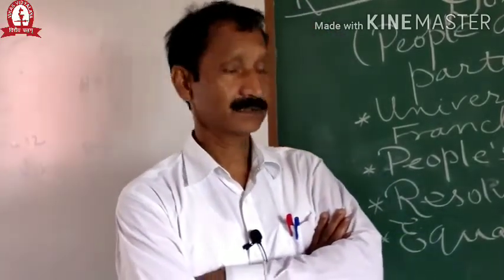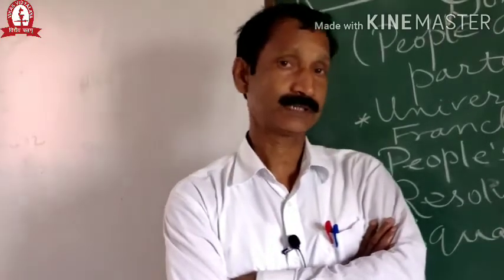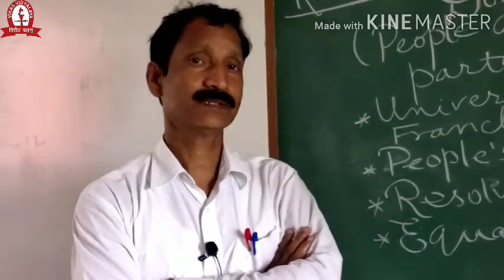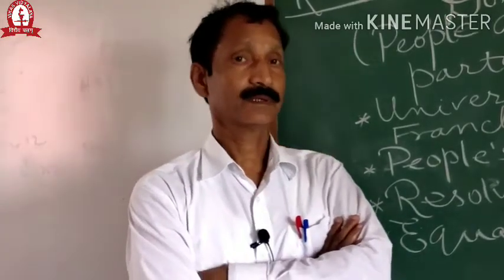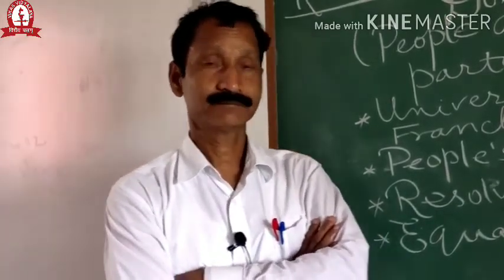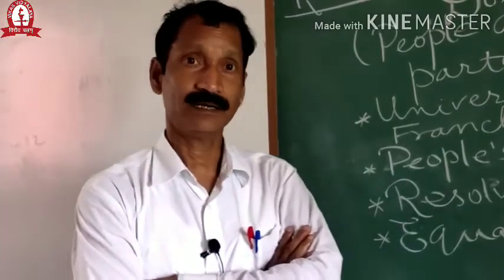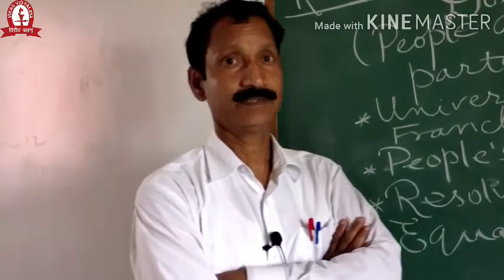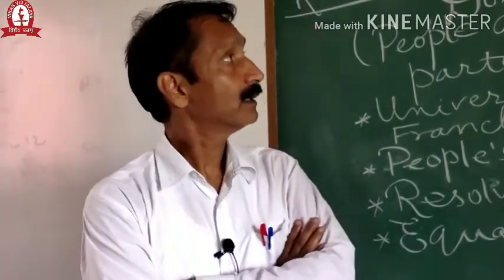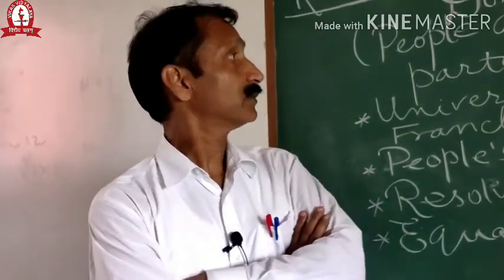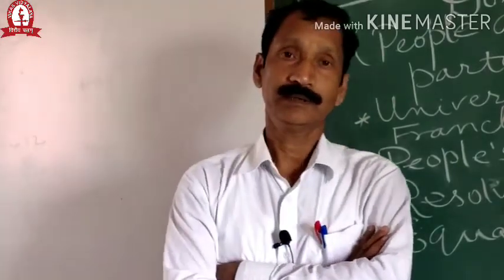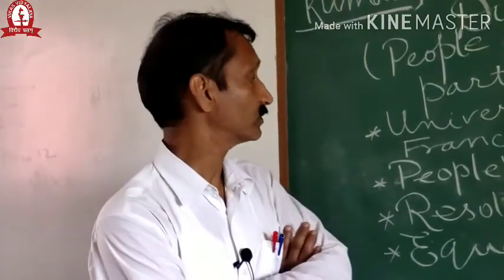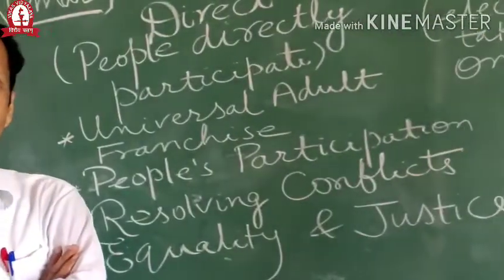Indirect democracy is the most popular form of democracy because there are so many countries in the world which have a large population, like India, USA, Australia, Belgium, France, Germany, etc. And direct democracy is possible only in a country which has less population, like Switzerland in Europe.